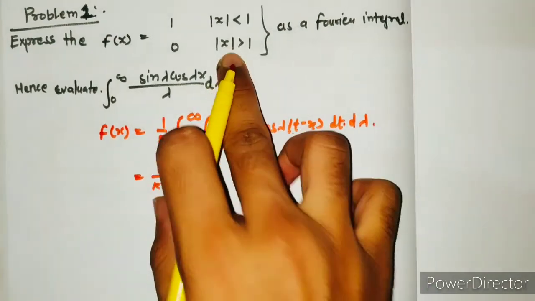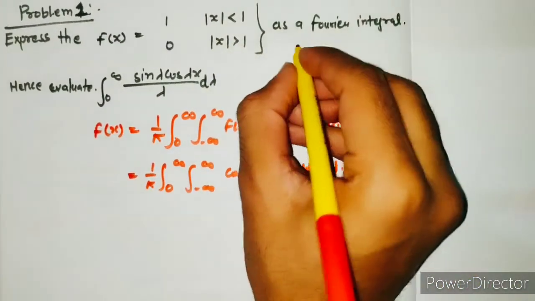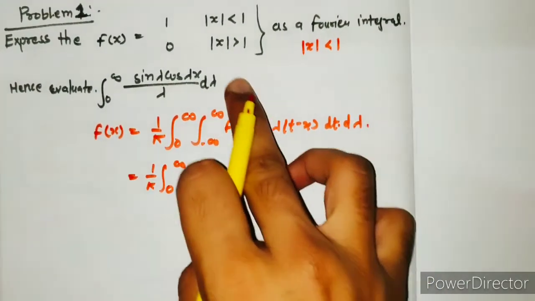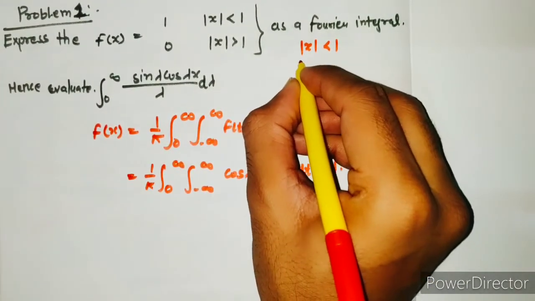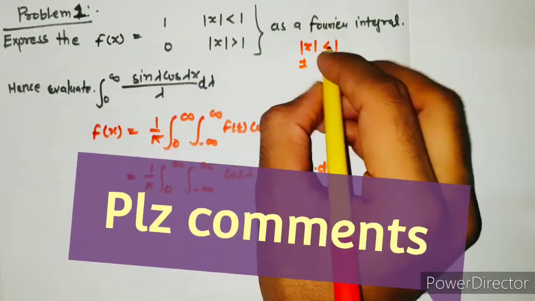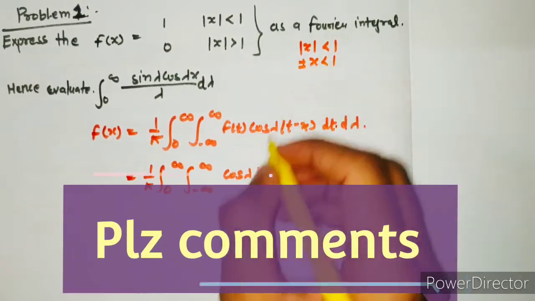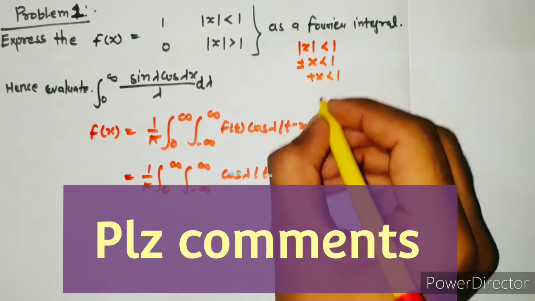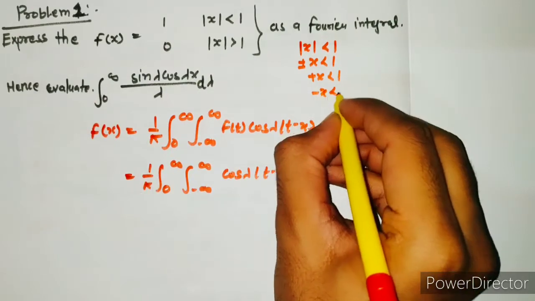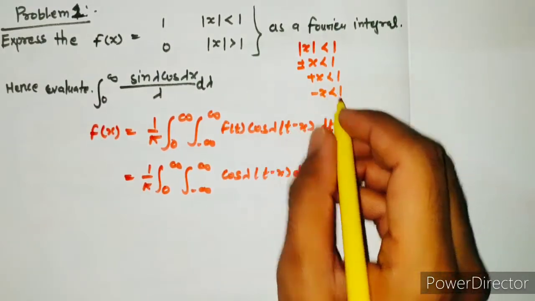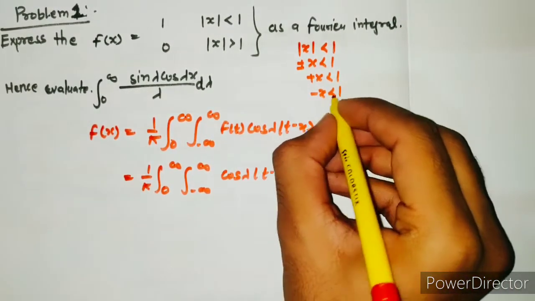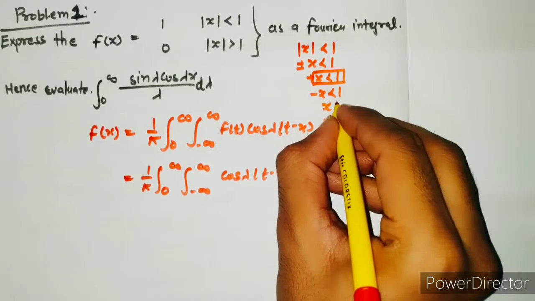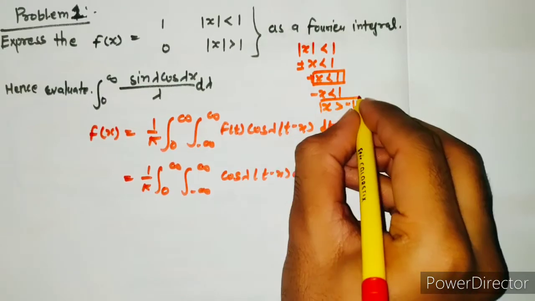Firstly, we discuss only this term. It is given that mod x is less than 1. When we take out the mod, the positive sign gives x less than 1, and the minus x term gives 1; the negative sign is not accepted here. So multiplied by minus, x changes sign to minus 1.